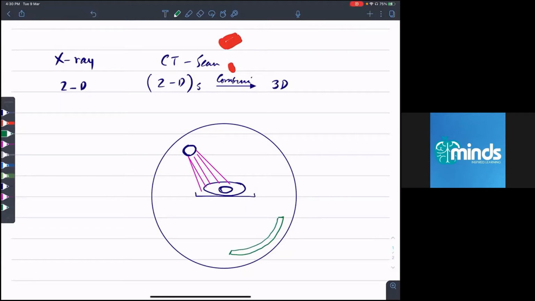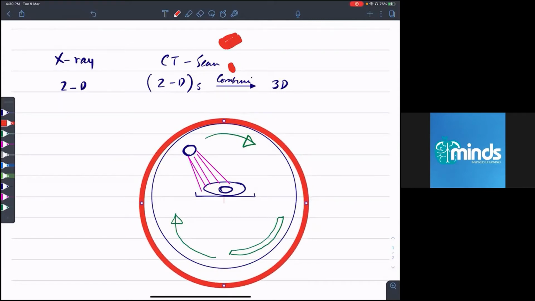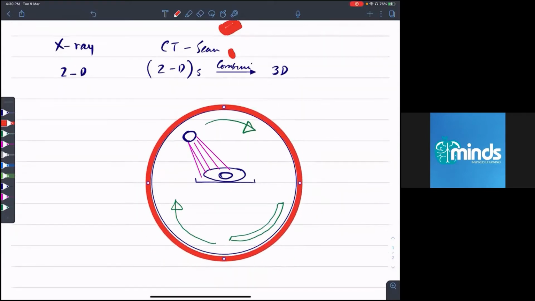Now, this entire setup can be rotated 360 degrees. And the last thing, this surface is actually coated with material that can protect the surroundings from the X-rays.